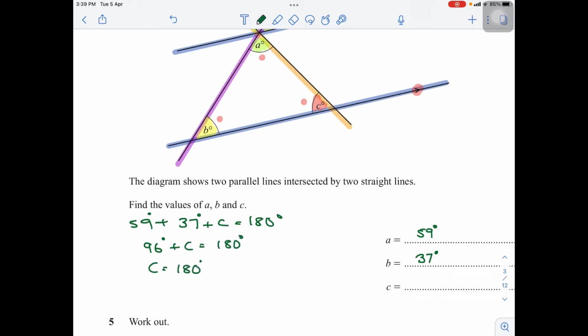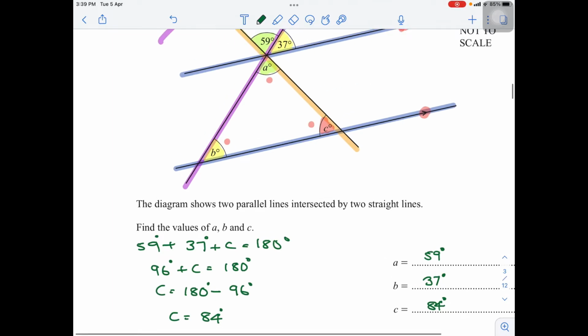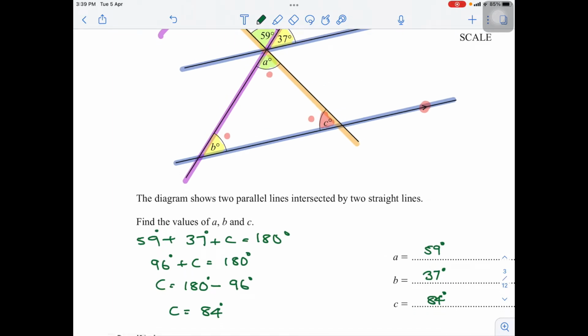C is 180 minus 96. So C is 84. Always use calculator, please. In stress of the exam, we make silly mistakes. To avoid losing marks, please use calculator properly.